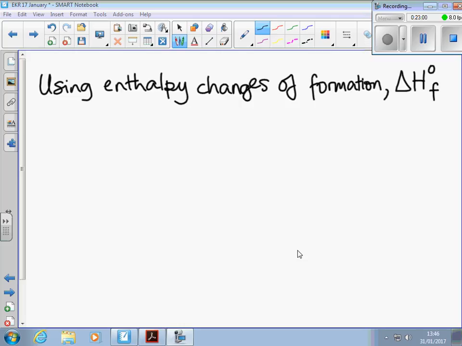A recap, because we have mentioned this in the first unit: it's the enthalpy change when 1 mole of a compound is formed from its constituent elements under standard conditions, with all reactants and products in their standard state. So I'm going to write that up just as a reminder. The 1 mole bit is important. It means you can't use just any old equation. It's a bit like the combustion one.